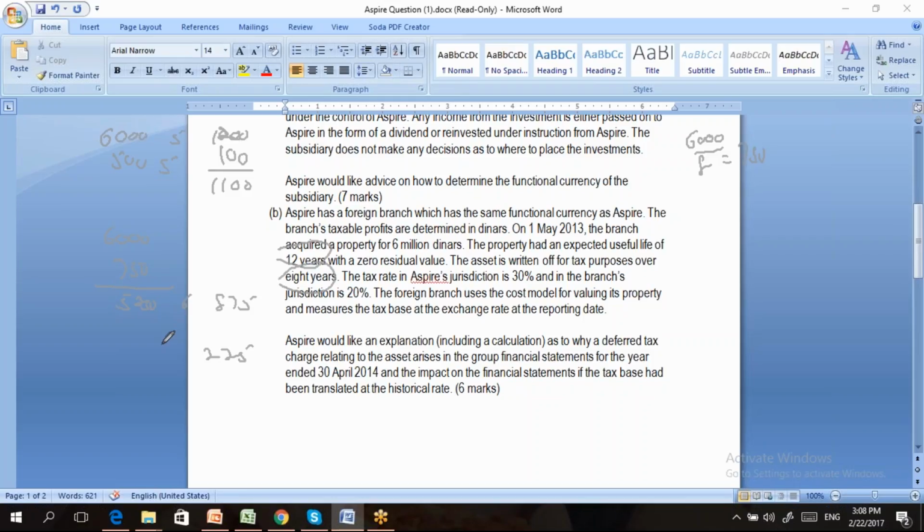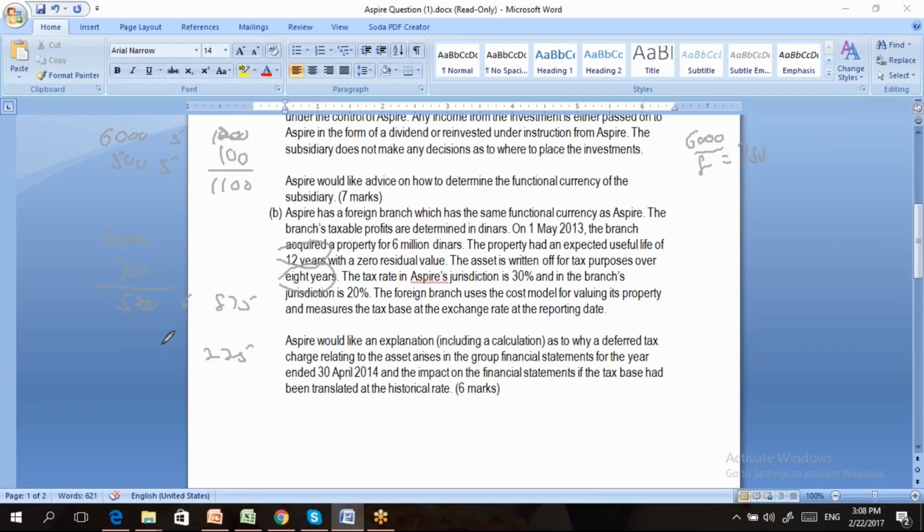The closing exchange rate is 6. Because being a monetary liability, you will convert that at 6. 5,250 divided by 6 is 875.